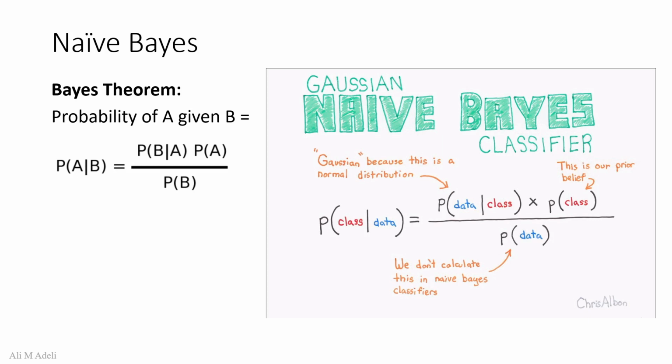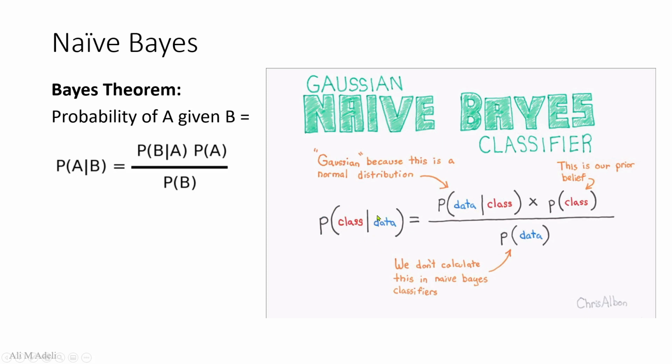So the next model that we can talk about is the Naive-Bayes classifier. This one relies on the Bayes theorem, and it might look complicated, but it's rather simple, pretty straightforward. The Bayes theorem says the probability of A given B. In terms of classification, we can think of it as the probability of belonging to a class given some data about that observation.